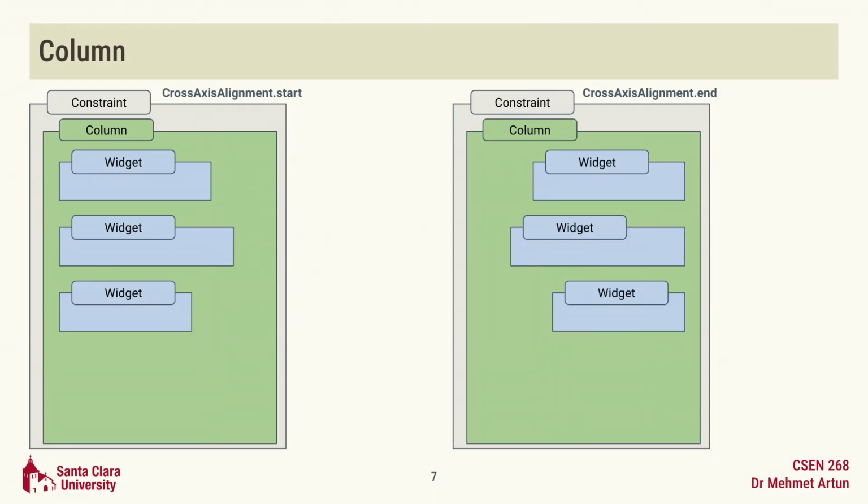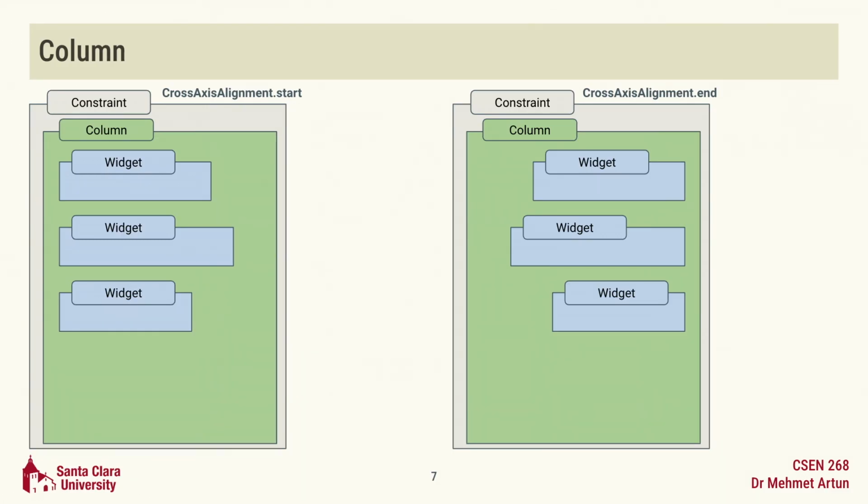The other important one is cross-axis alignment. The default is cross-axis alignment center. When you paint a column, and these widgets have these intrinsic sizes, they are not filling the entire space. When you don't put the cross-axis alignment, they will be put in the center of the column.